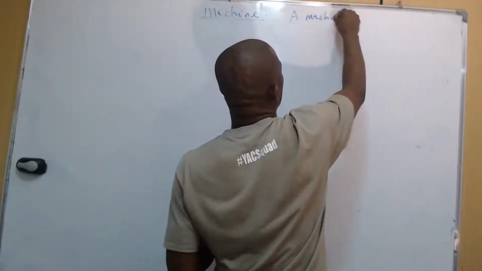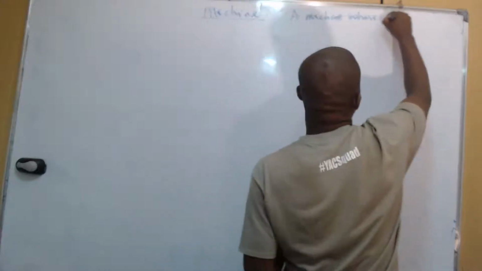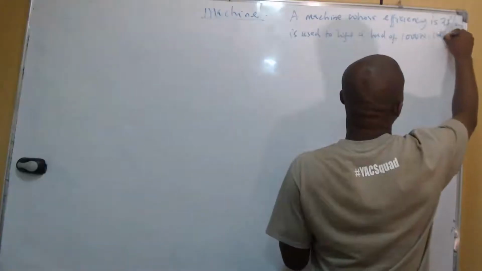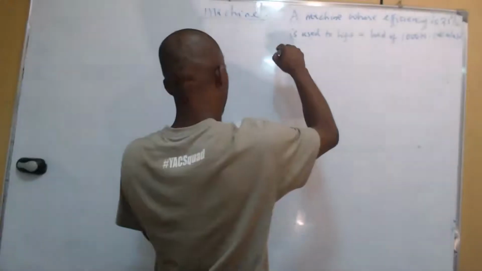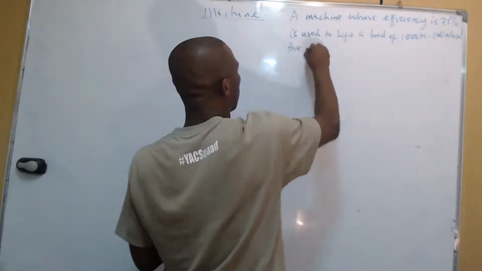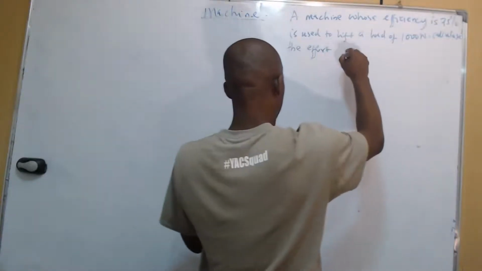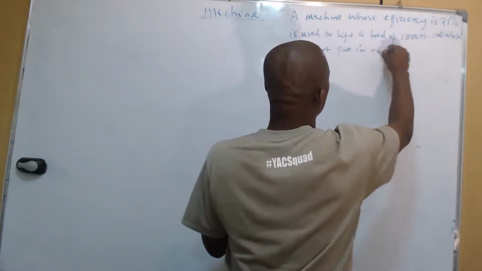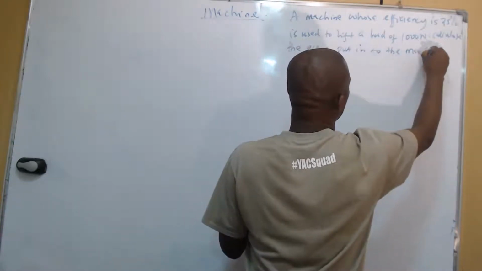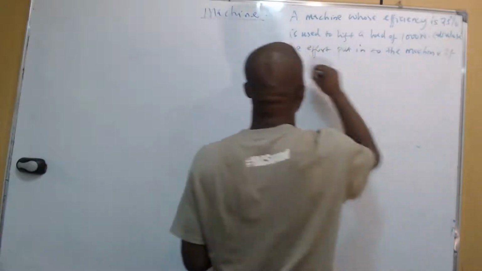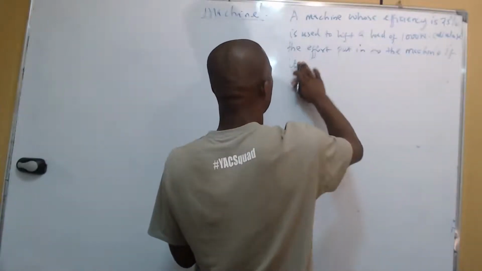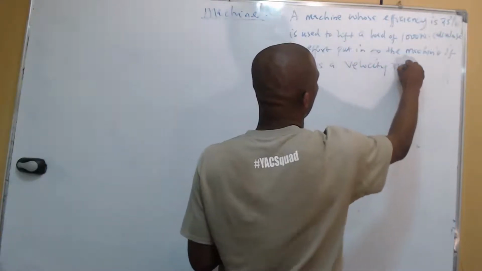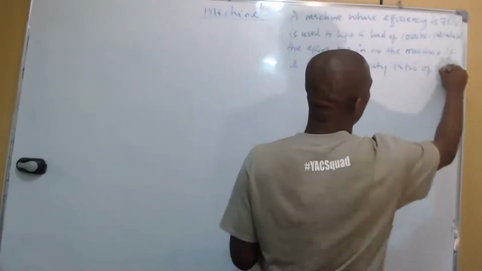Find the effort put into the machine if it has a velocity ratio of 4.